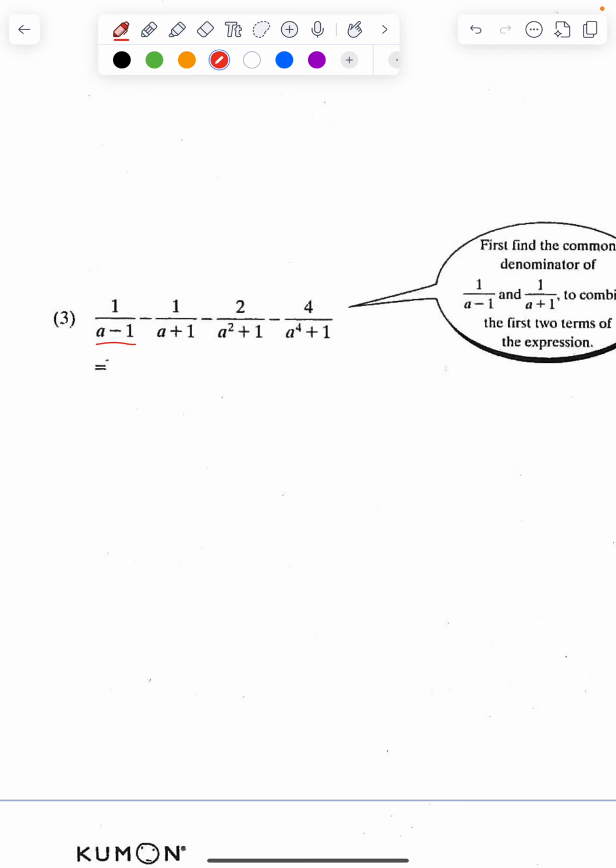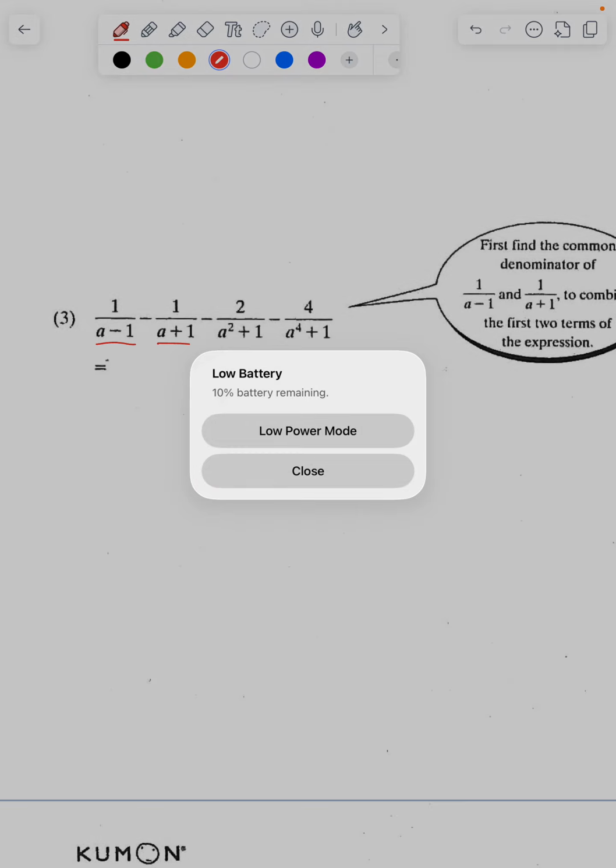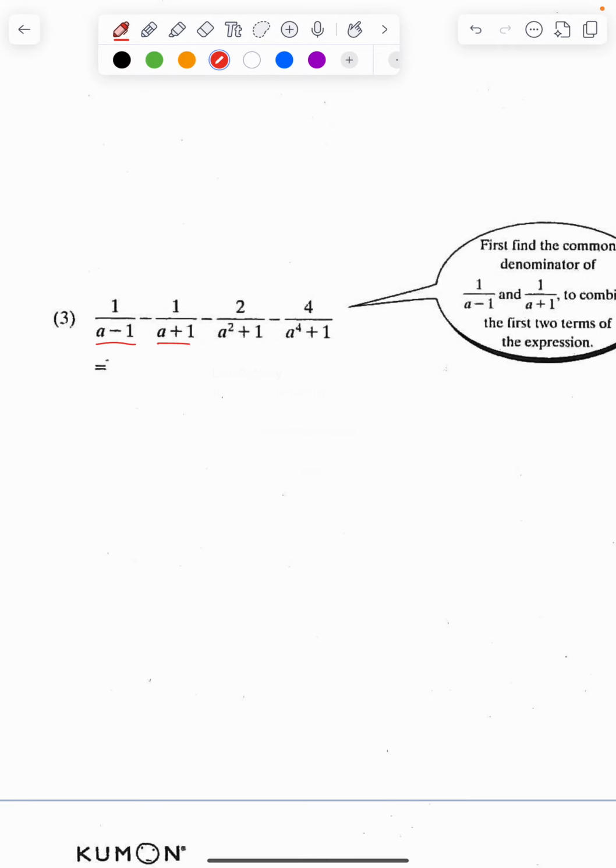Okay, so first, we'll find the LCM for a minus 1 and a plus 1. This will be a minus 1, a plus 1, and on the top it will be a plus 1 minus a minus 1. The next will be the same thing here, and also the same thing here.